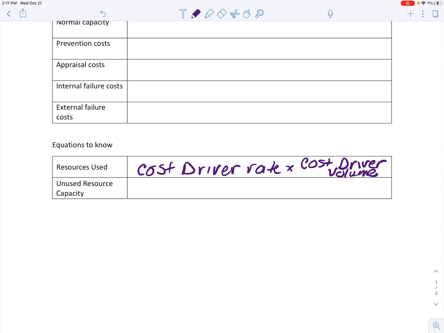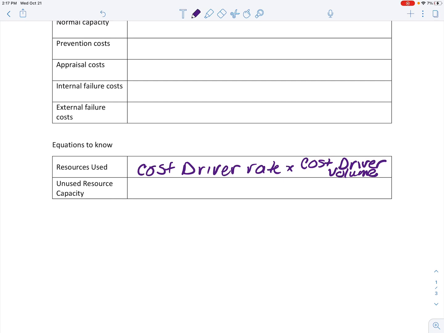The next one is talking about unused resource capacity. Given how much we have supplied for this project or product, how much have we used, how much has gone unused.